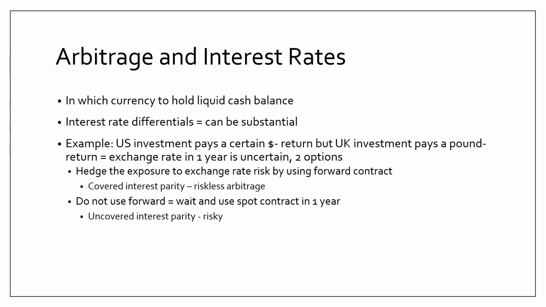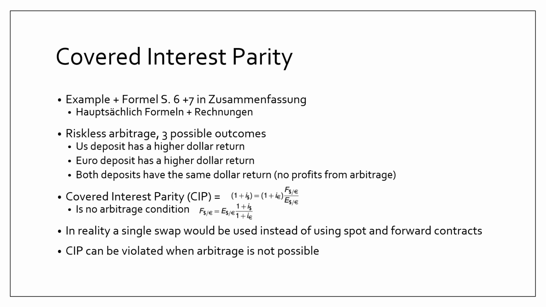Hedge the exposure to exchange rate risk by using a forward contract, which is covered interest parity, riskless arbitrage, or do not use a forward, rather wait and use a spot contract in 1 year, which is uncovered interest parity, risky.